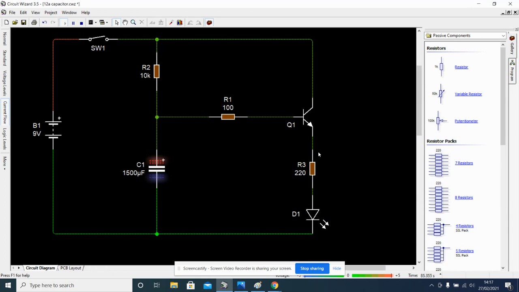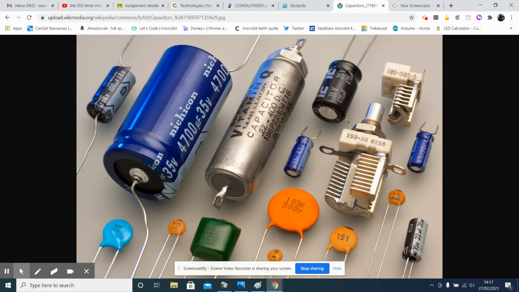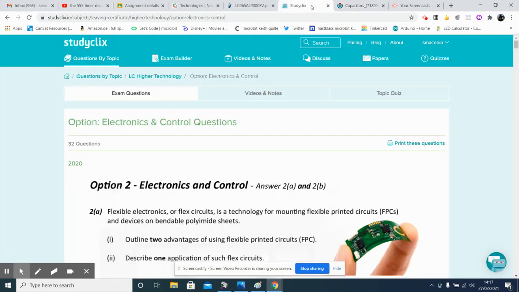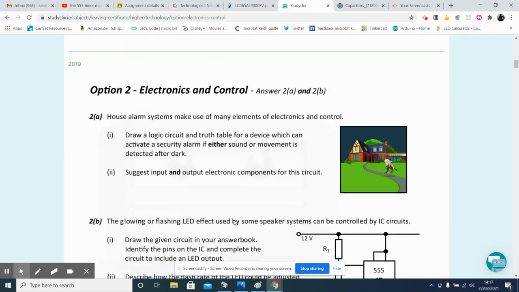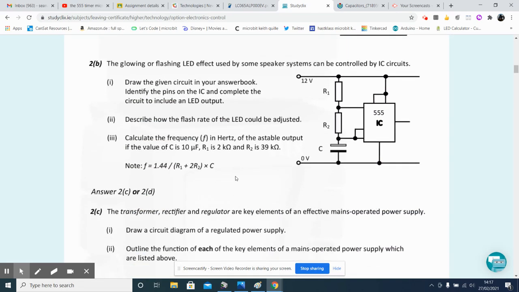Now, they can also ask you for the frequency. So let's have a look at a question in relation to the frequency. In 2019, they said calculate the frequency f in hertz. So hertz is our unit of timing here.